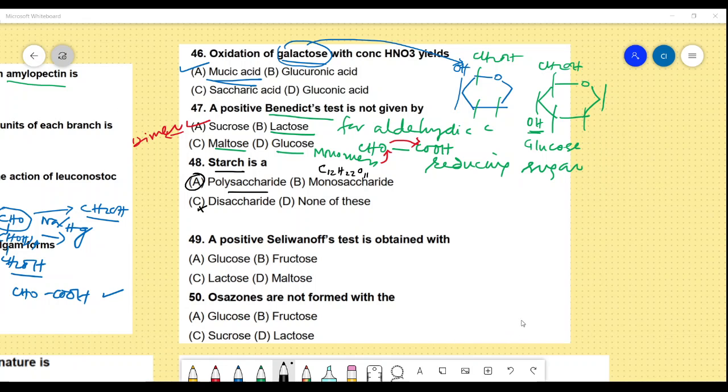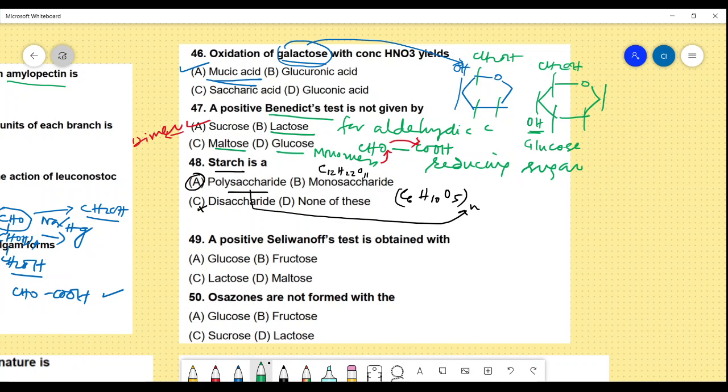Just a minute. (C6H10O5)n. N times, that is why it is a polymer.